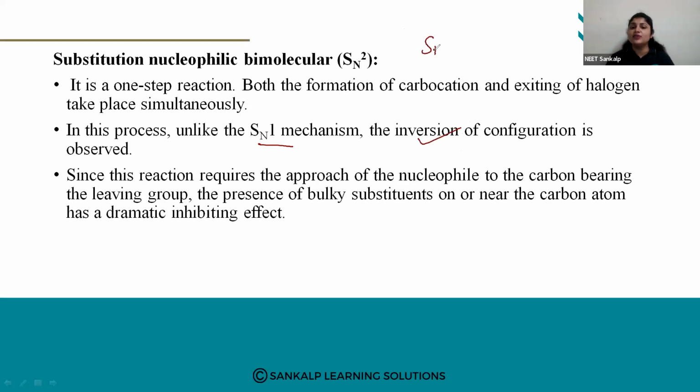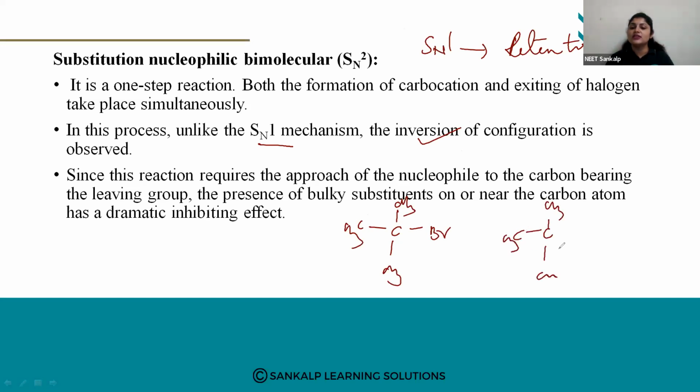In SN1, it shows retention. Retention means in your starting reactant, how it was CH3, CH3, CH3, Br, and your product was CH3, CH3, CH3 and OH. Only your leaving group and your incoming nucleophile have changed.